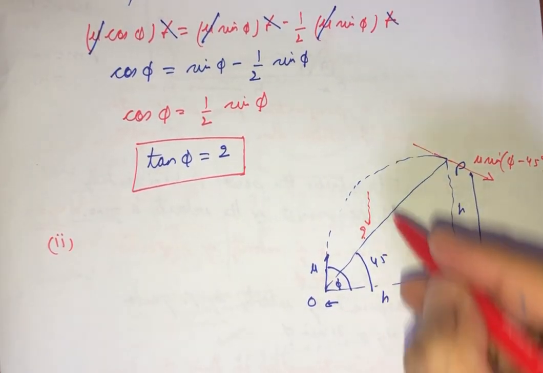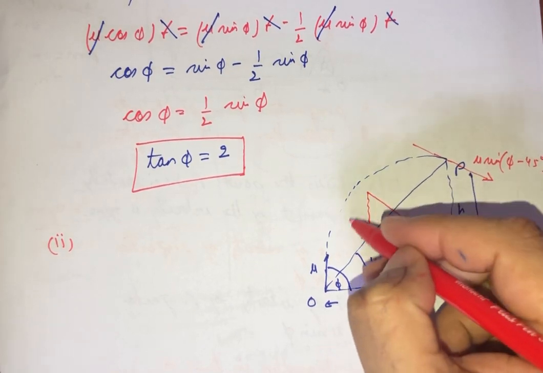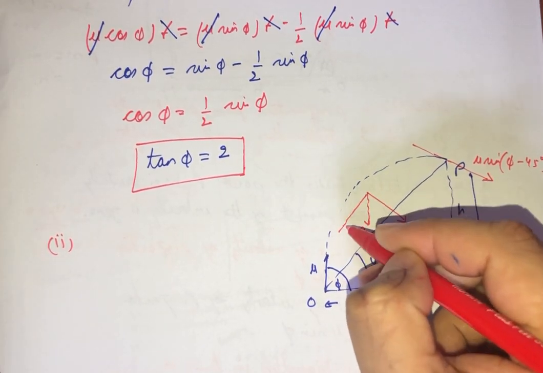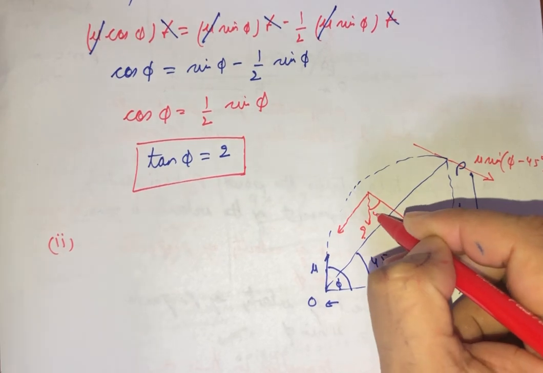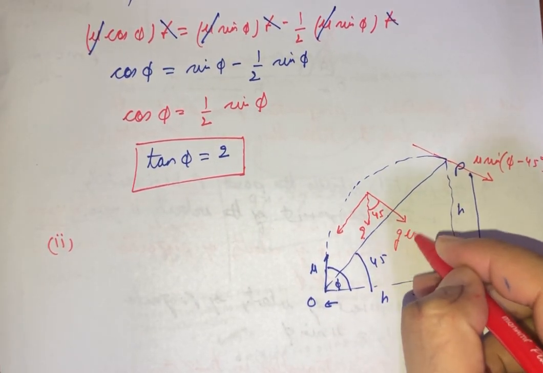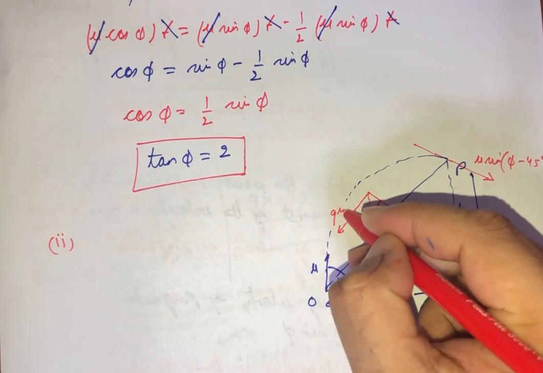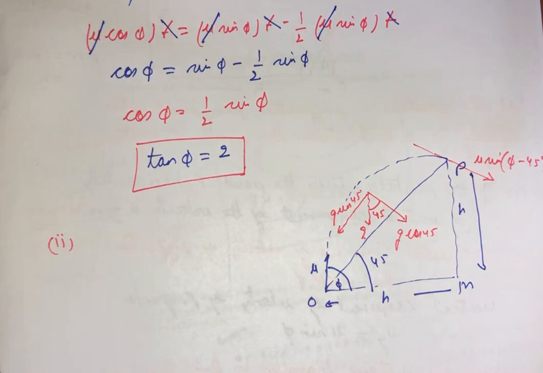It is going to have two components. One will be vertical and one will be in horizontal direction. So this angle is 45. So we are going to get this is g cos of 45, and this will be g sine of 45.